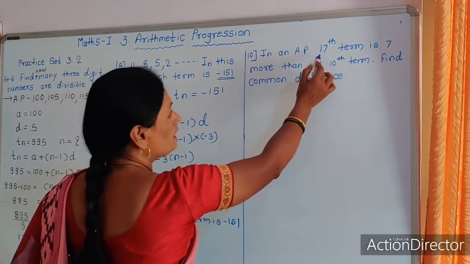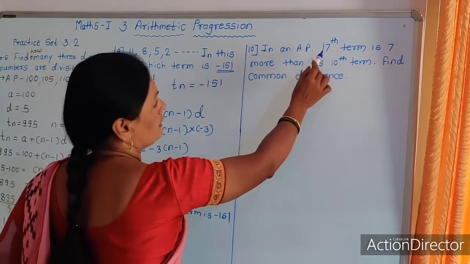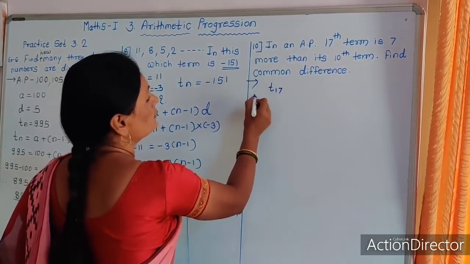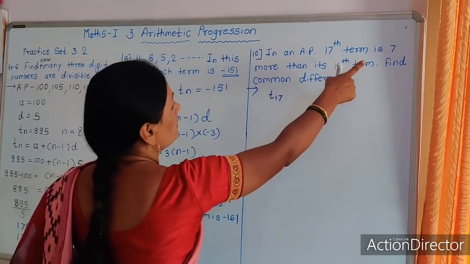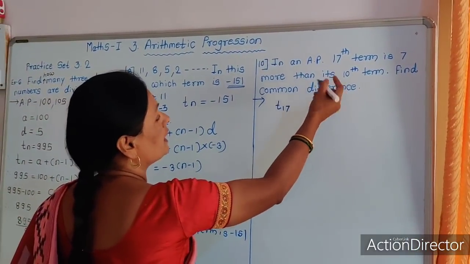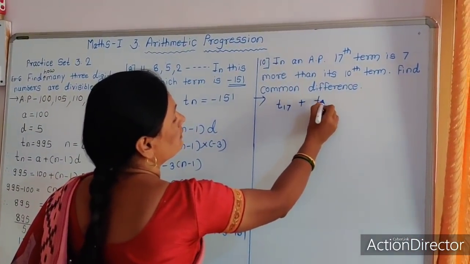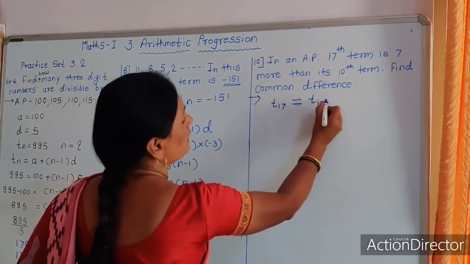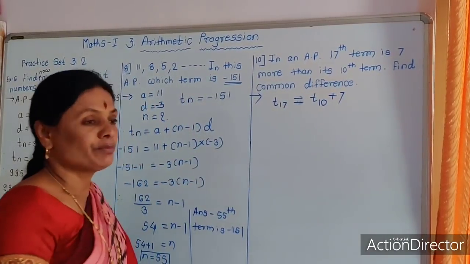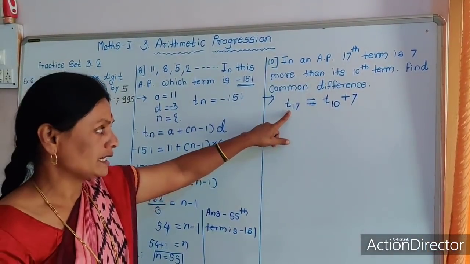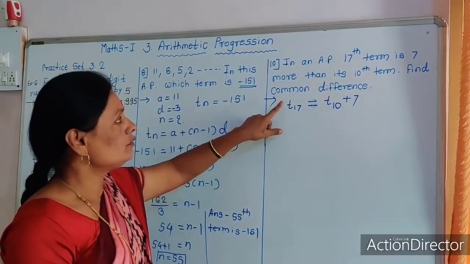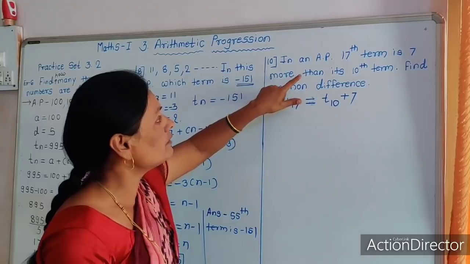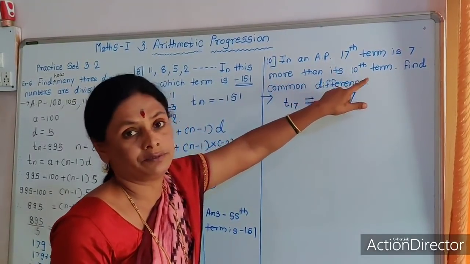We are given only one condition, that the 17th term, T17, is 7 more than its 10th term. T17 is equal to T10 plus 7. From this condition we write this type of equation.